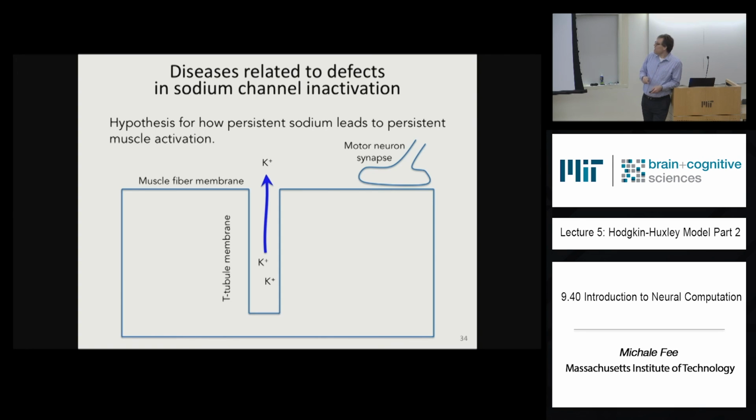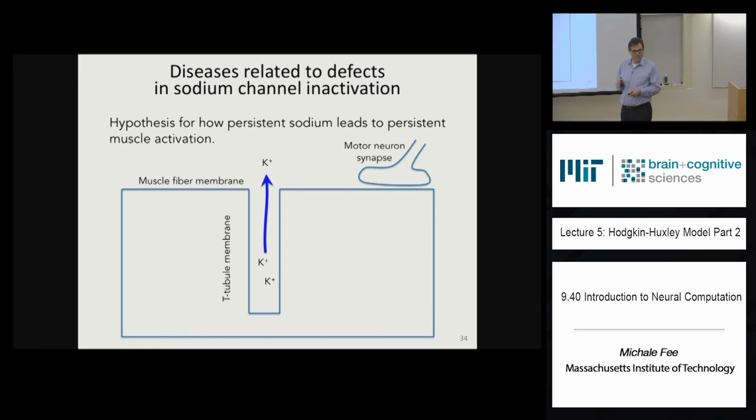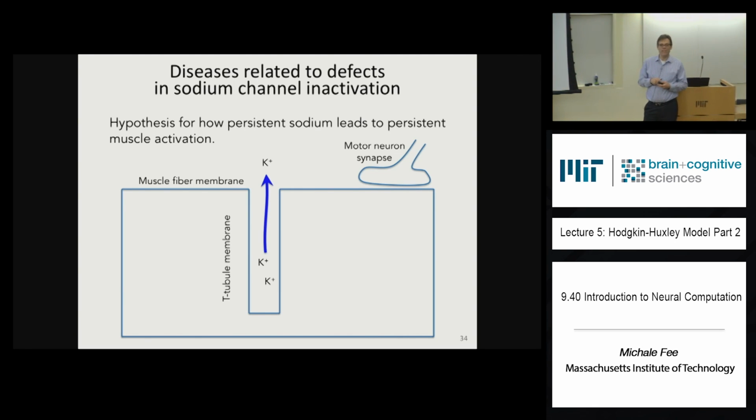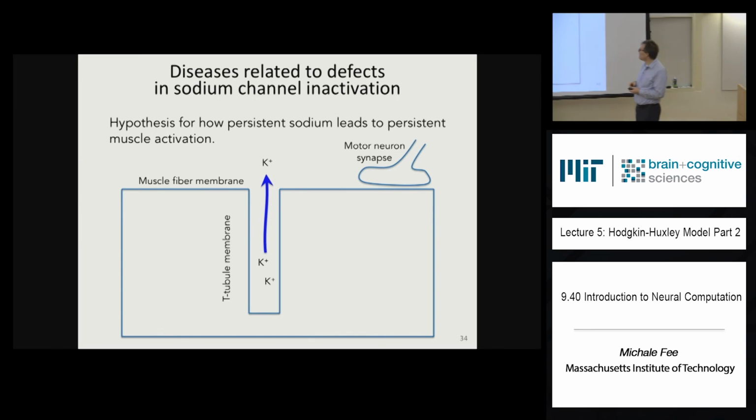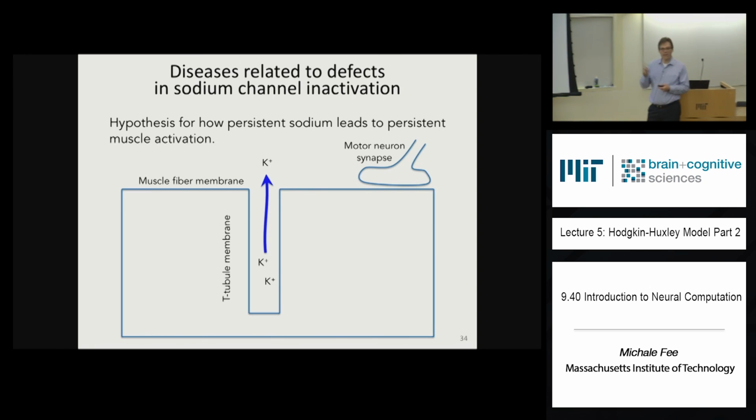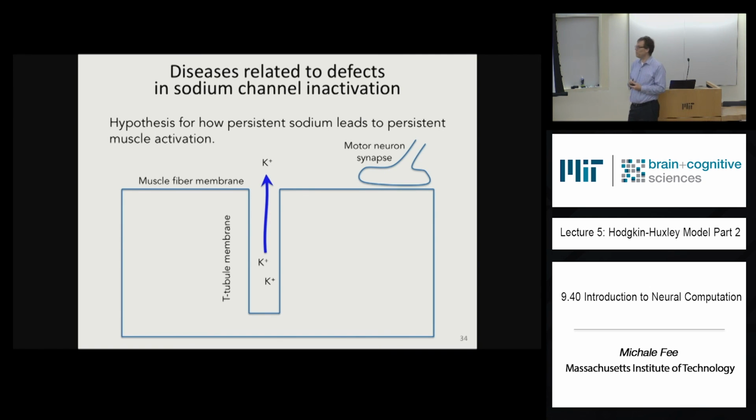Okay. Now, can we estimate how long it takes that to happen? Any idea how we would do that? Does anyone remember how long it takes an ion to diffuse across, let's say, a cell body, 10 microns? Kind of a few tens of milliseconds, right? 50 milliseconds.